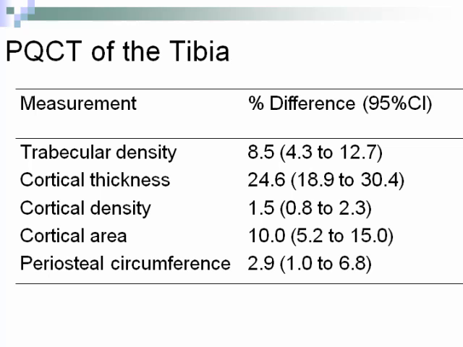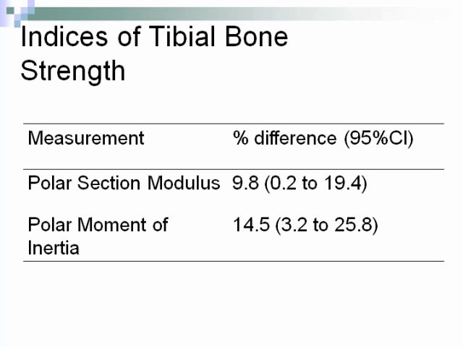Similarly, in the tibia, we saw increases in trabecular density, cortical thickness, cortical area, and periosteal circumference. And again, if we looked at indices of tibial bone strength, there was an increase in polar section modulus and polar moment of inertia in the tibia.